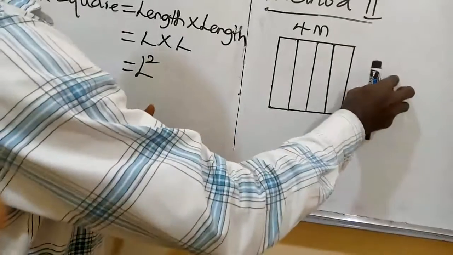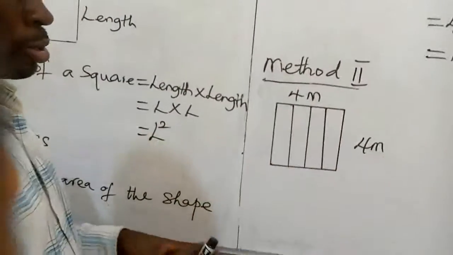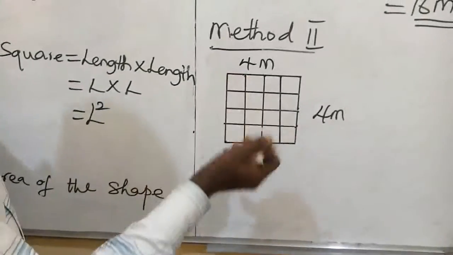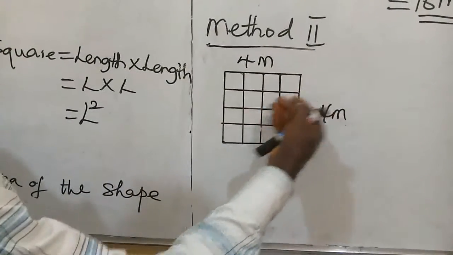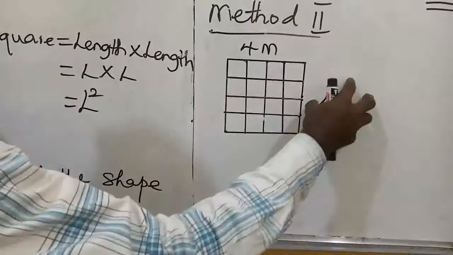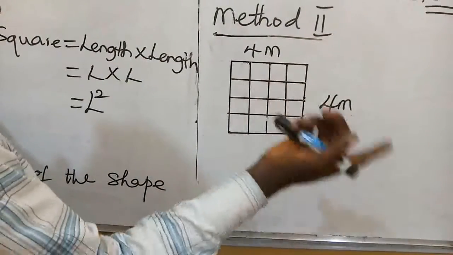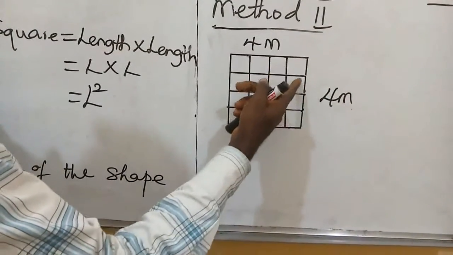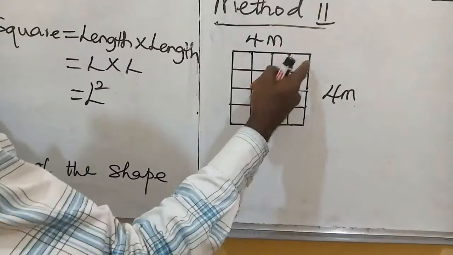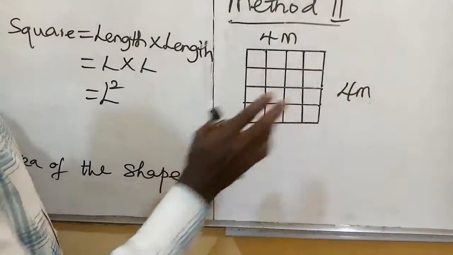Why? Because the side has been given to be 4 meters. I've divided this other length into 4 equal parts using horizontal lines. You can see we have 1, 2, 3, 4.